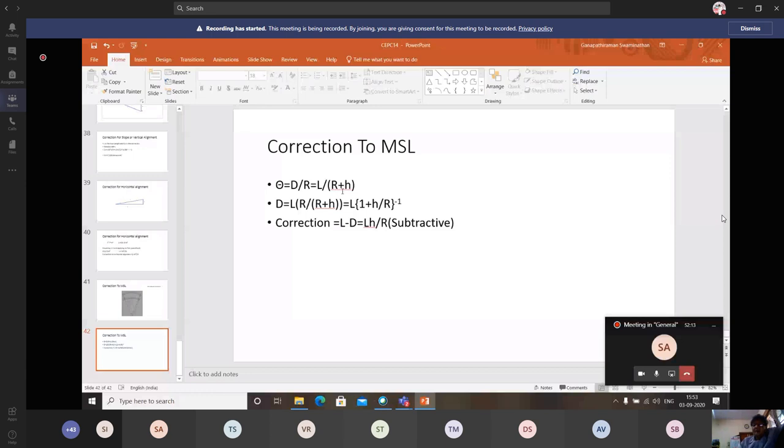Then we find the correction L minus D, which is equal to Lh by r. Always it is subtractive, because anything measured above mean sea level is subtractive, anything measured below mean sea level is additive. So the correction is Lh by R. These are the corrections normally we apply to any measurement.